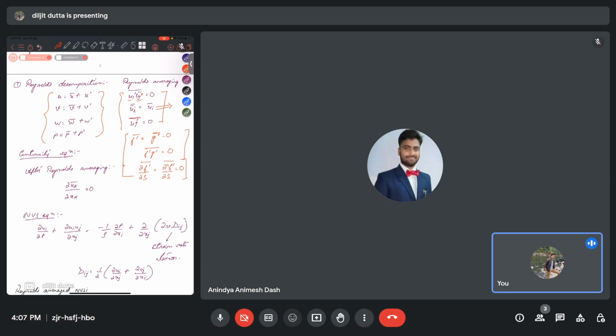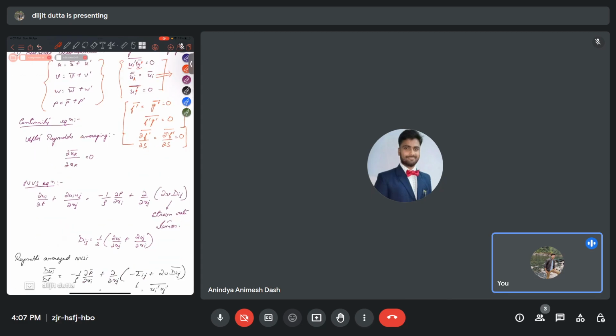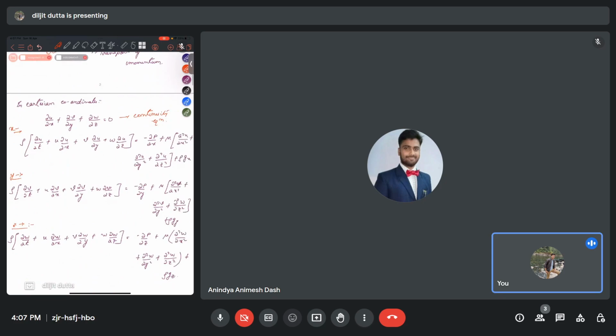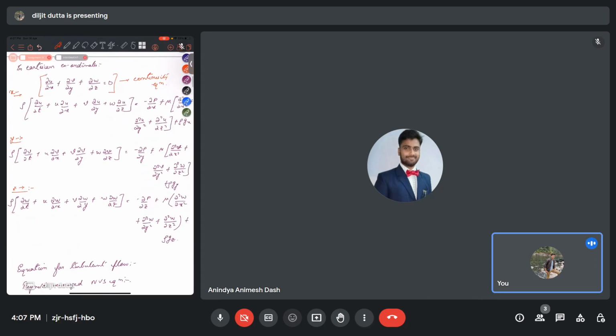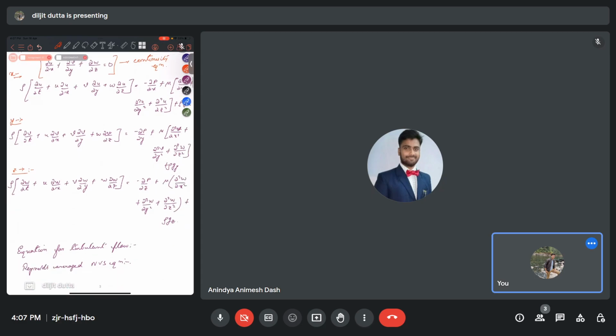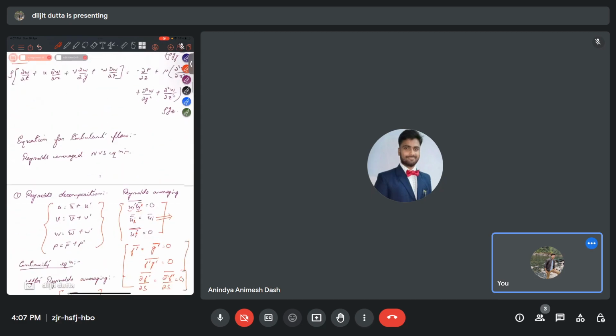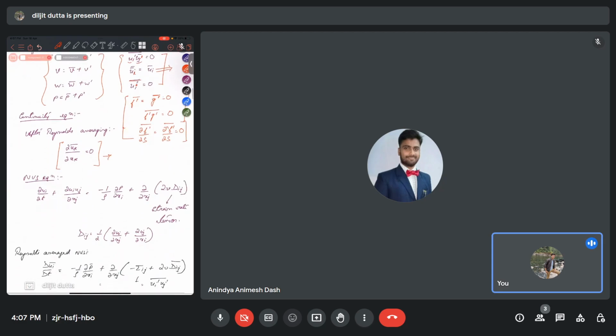And then after this Reynolds averaging, we will get the continuity equation as this. So whatever continuity equation we had, this is the continuity equation. If we write u equals u bar plus u dash, v equals v bar plus v dash, and w equals w bar plus w dash, and then we take the Reynolds average, the fluctuation terms will go to 0.